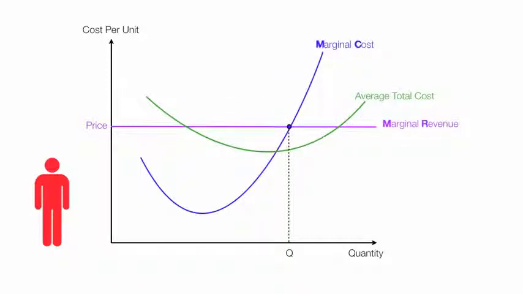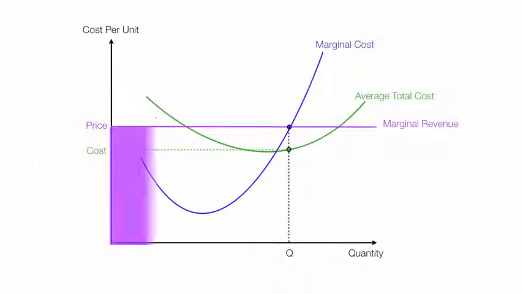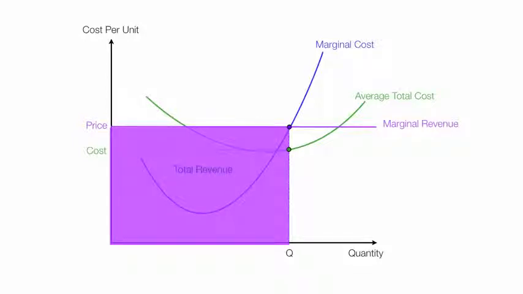Now the cost for the individual supplier: I'll draw a green line up to the average total cost curve and then across, and this is our cost per unit. Total revenue is this purple rectangle, and it's simply price times quantity. That's the area.